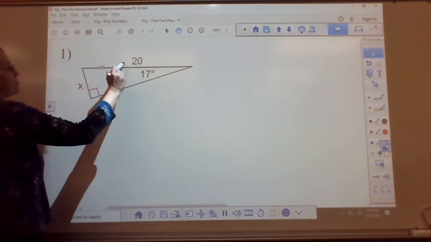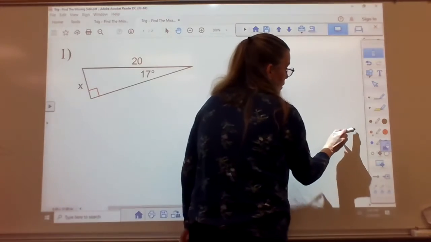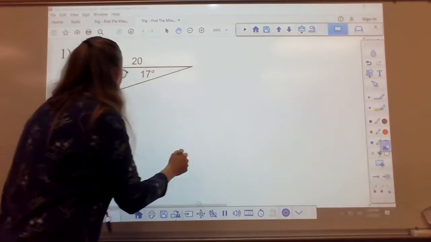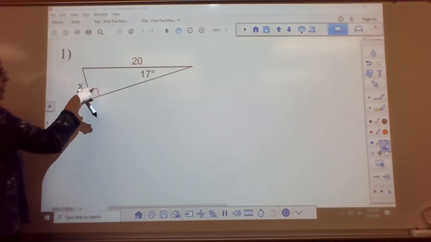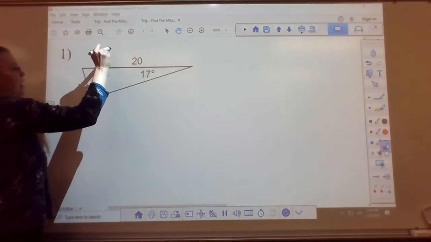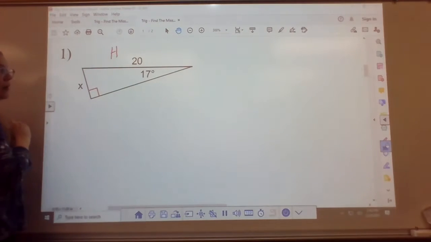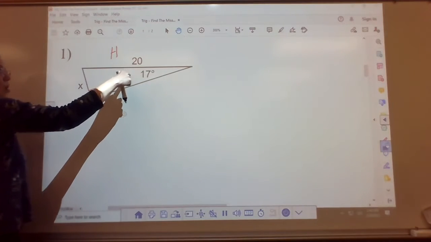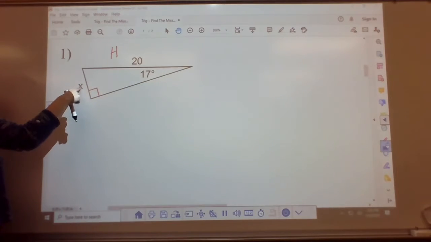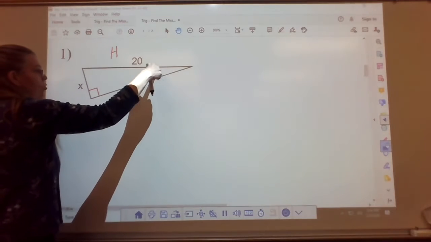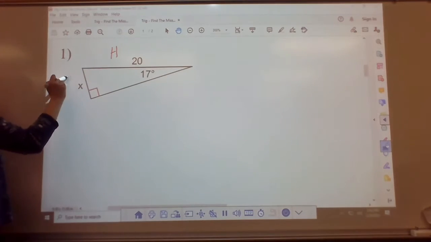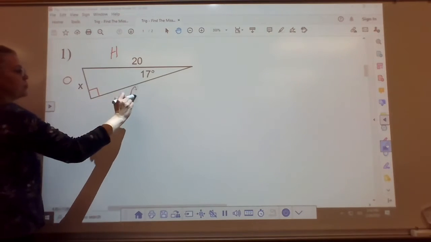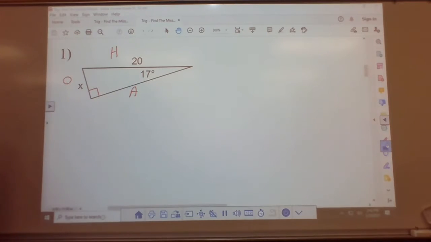I always mark the hypotenuse first. It never moves. It's always across from the 90. So 90, that's the hypotenuse. I'm giving you the angle. So again, the x must be the opposite, because I always look for the angle, walk across the triangle. That's the O. So this must be the A, but there's nothing there.